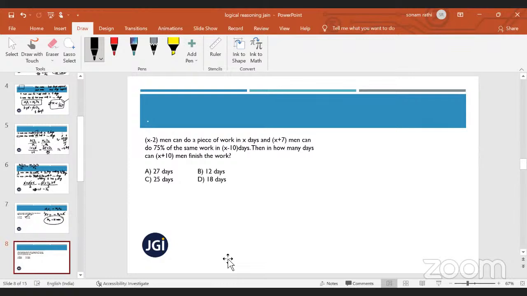Men, work, and days. Work is also given to you. First, one piece of work, then they are saying 75% of the same work. So M1 D1 upon W1 equals M2 D2 upon W2.